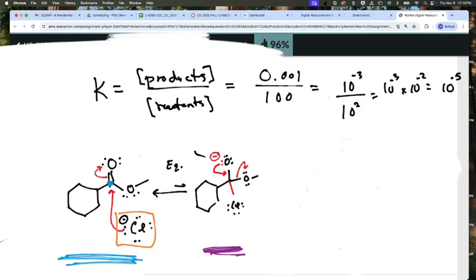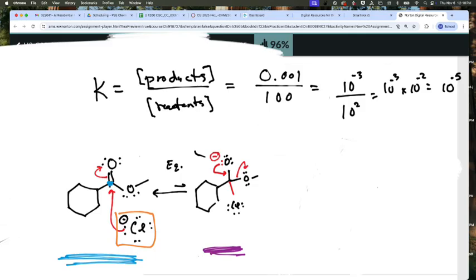Okay, so what's small? Less than 1. Why 1? 1 is where the product equaled the reactants. So 1 is effectively our 0 point. It's equally favoring both reactants and products. In the grand scheme, we don't want reactions like that. We want them to favor one way or the other.